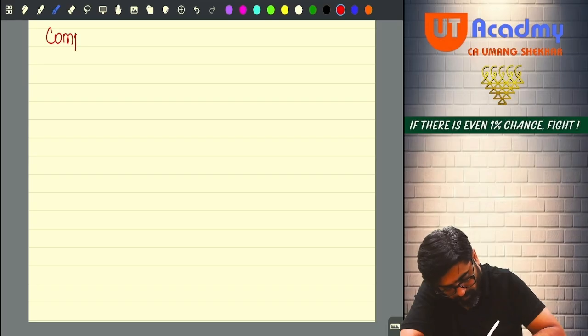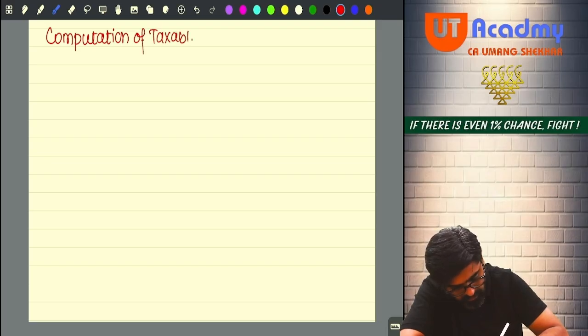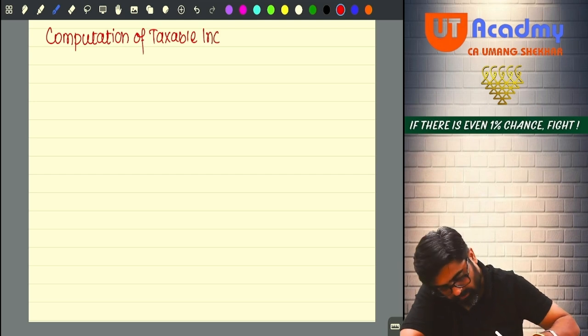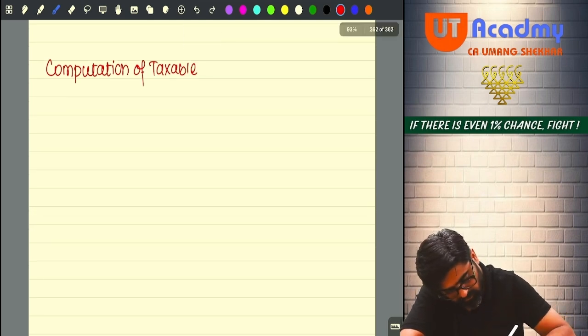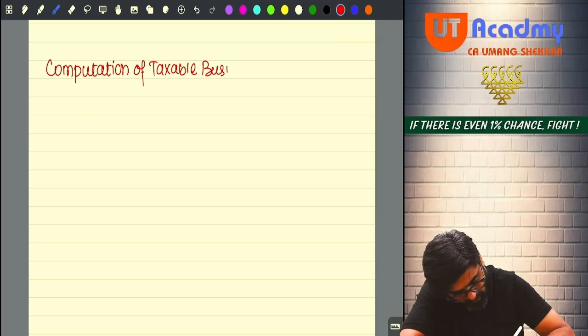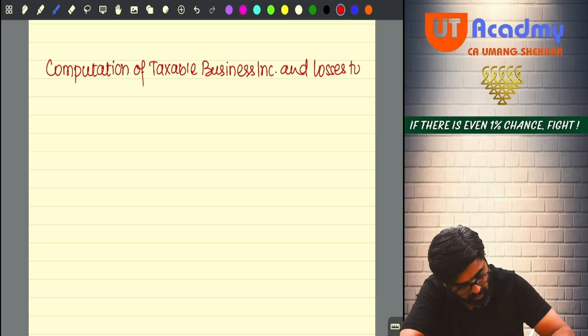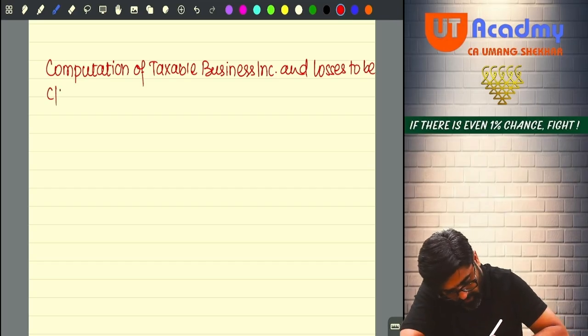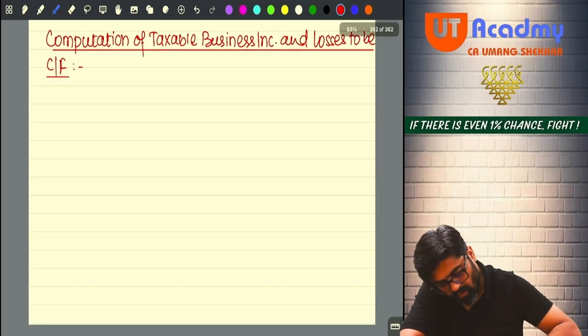Computation of taxable business income and losses to be carried forward for which businesses?